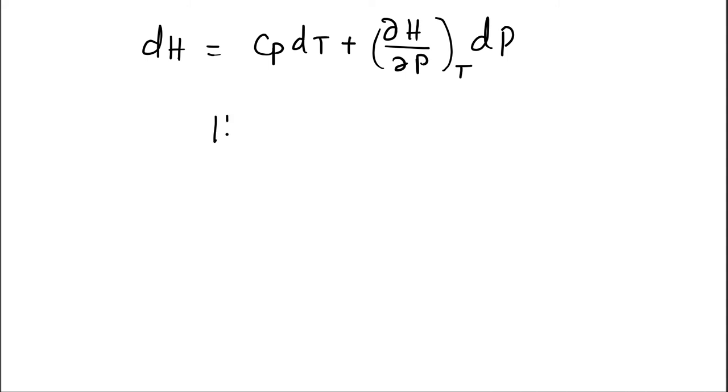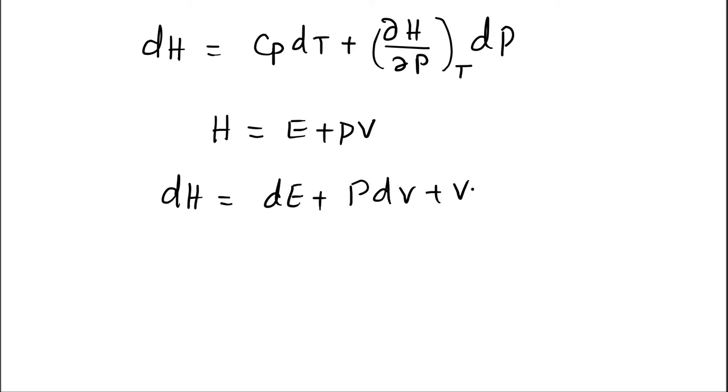We know that H equals E plus PV. Now let's take the differential on both sides. That makes dH equal to dE plus, if we do the chain rule on this, PdV plus VdP.